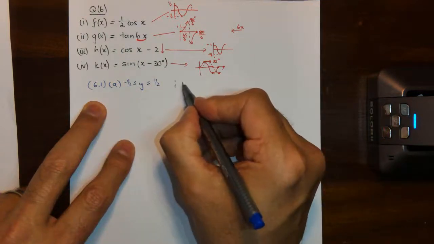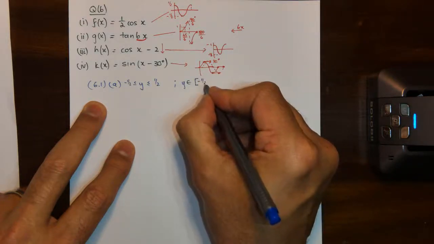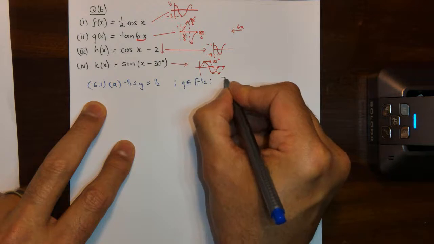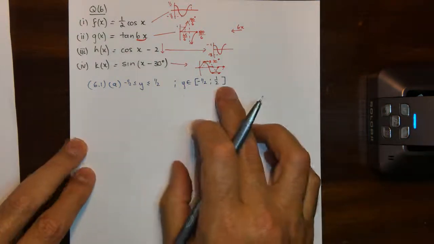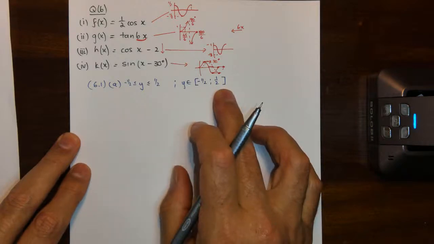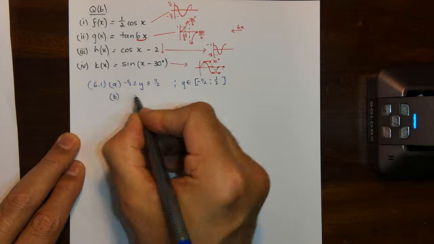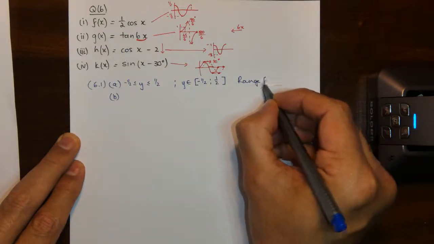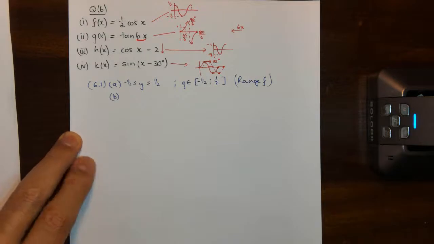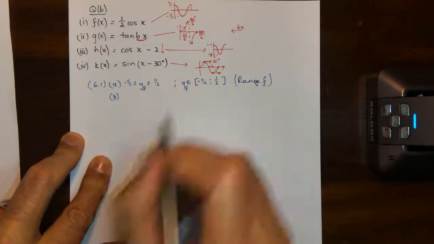Or you could say y is an element of the closed interval minus a half to a half. Both inclusive because the end points do lie on the curve. So the y values on f lie between those two limits.